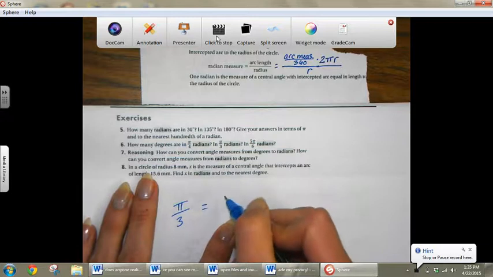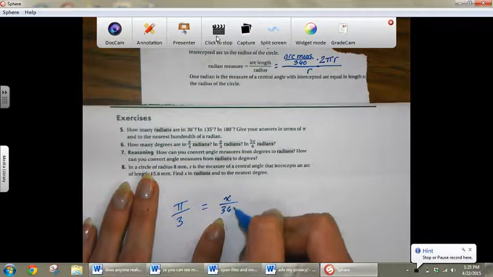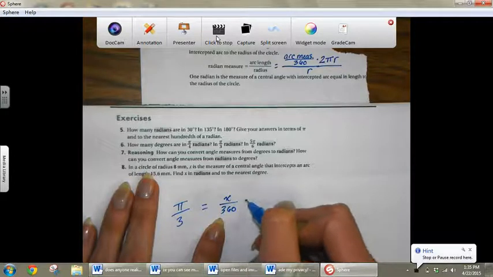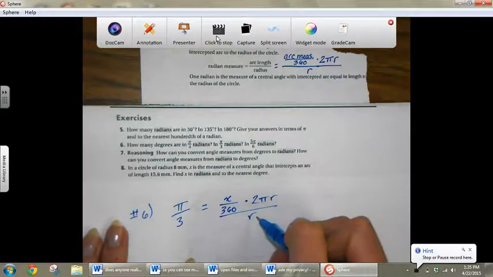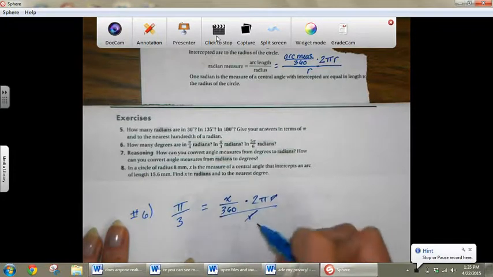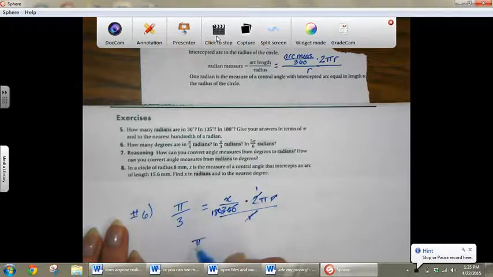So that's going to be x over 360, and we're going to multiply it by 2 pi r all over r. So I can cancel those out. I can reduce here. That's 1 and 180. I get pi over 3 equals x pi over 180.